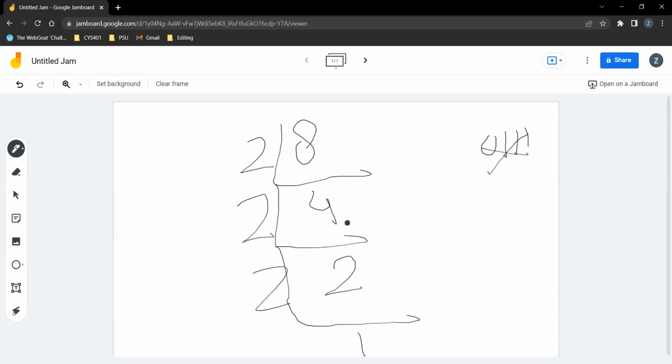This is 8: 1, 0, 0, 0. 1 is 0, 2 is 0, 4 is 0, 8 is 1. This is our binary representation of 8. Similarly, we can have 7.